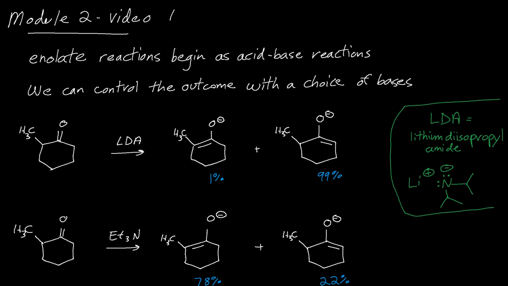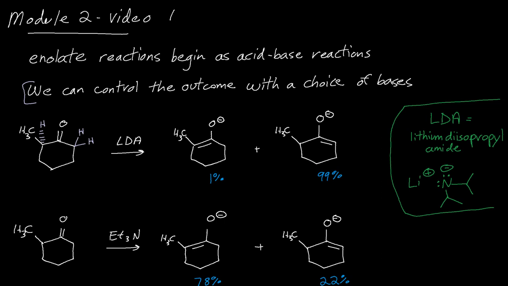If we look at the substrate here, we have possibly an acidic proton there, and then we have two acidic protons there. And so these are set. We have a choice of them, but only in the sense that if we use different bases, we can pull off different protons. So in this case, we can control the outcome with the choice of base that we choose.